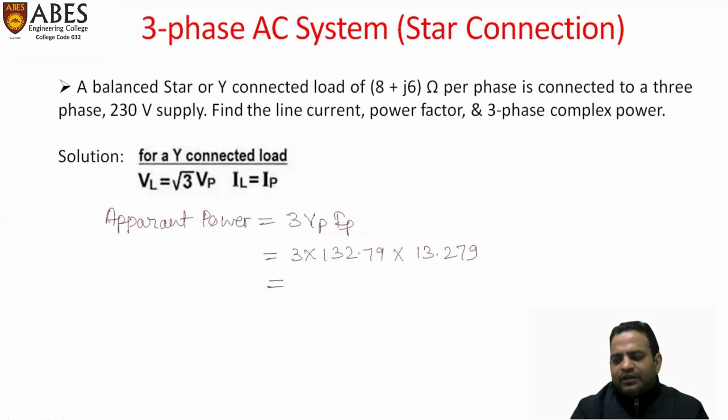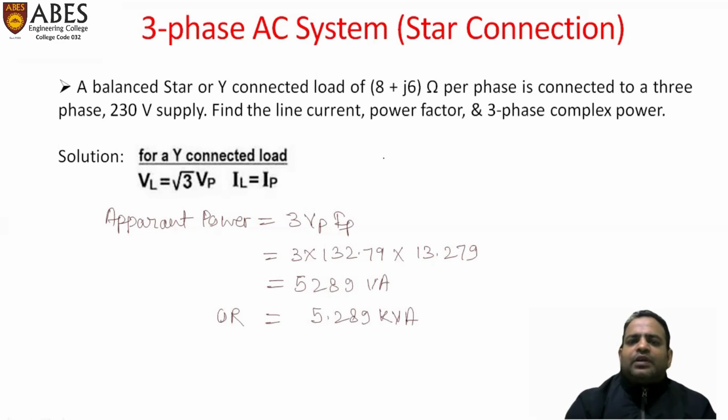After calculating by using calculator, it is 5289, and the unit is volt ampere, or 5.289 kVA.